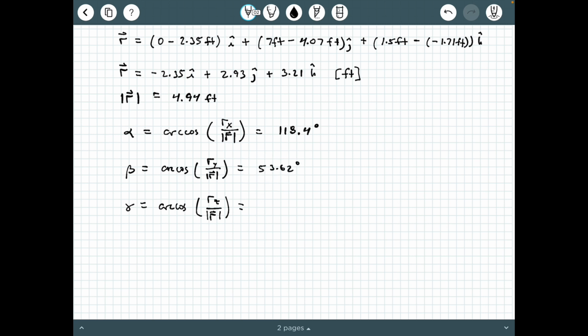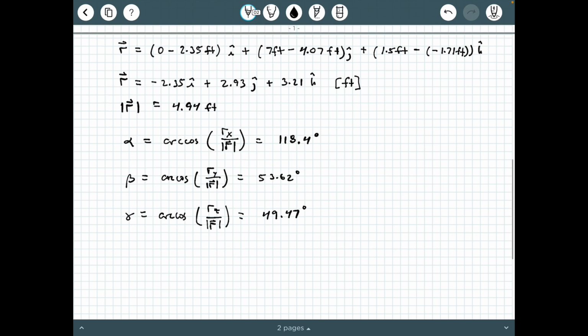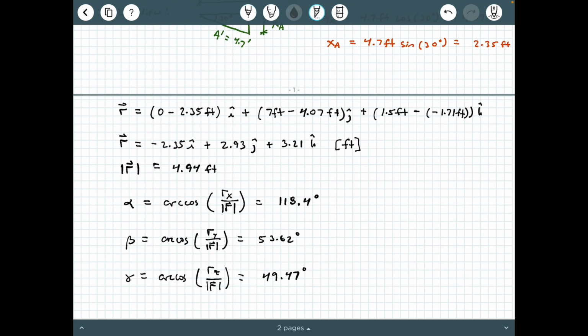Then I've got arc cosine of 3.21 over 4.94, and that's 49.47 degrees. And you could round those to 3 sig figs, just to keep track of your sig figs a little bit more appropriately. But regardless, our answer is this Cartesian r vector and these coordinate direction angles.